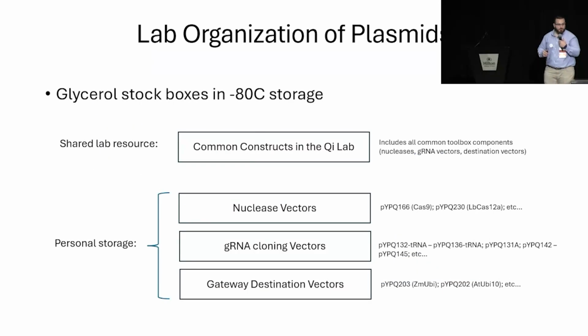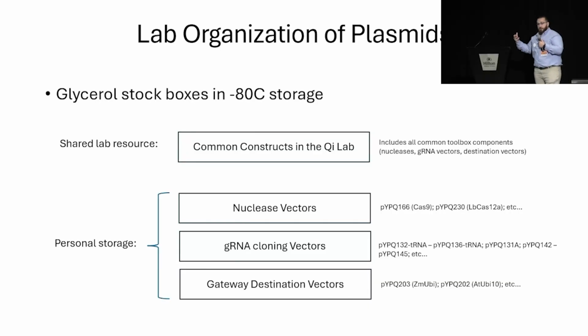And so this is my -80 glycerol stock. It's not actually my glycerol stock, just a representation. I promise this is actually how I organize it. So I personally like to keep separate boxes for nuclease vectors. So there's Cas9, Cas12a, those pYPQ 166, 230. I like to keep them in separate boxes from my guide RNA cloning vectors, which would be all of the 130 level vectors, the Golden Gate entry clones, and the destination vectors or recipient vectors.